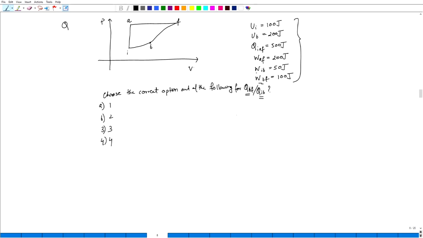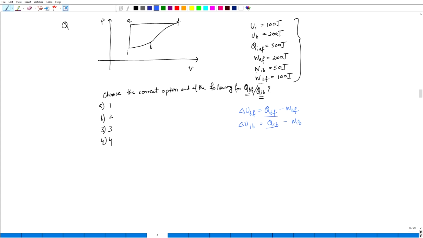So let's proceed. Let's first write the first law of thermodynamics. Delta UBF is nothing but QBF minus WBF. Delta UIB is QIB minus WIB.